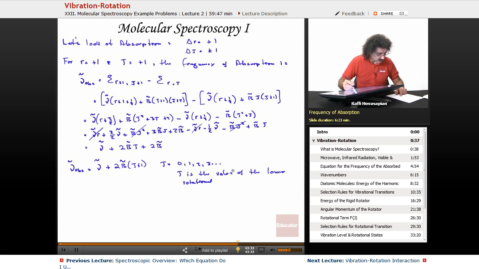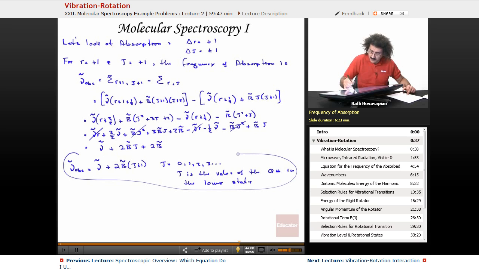The value of the quantum number in the lower state. That's it. So this is one of the equations.